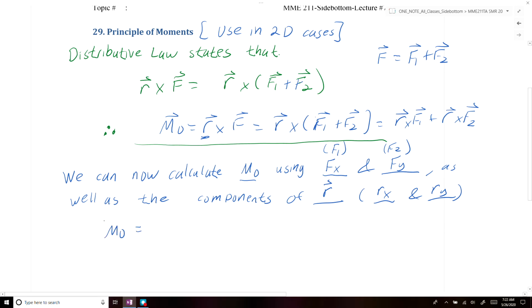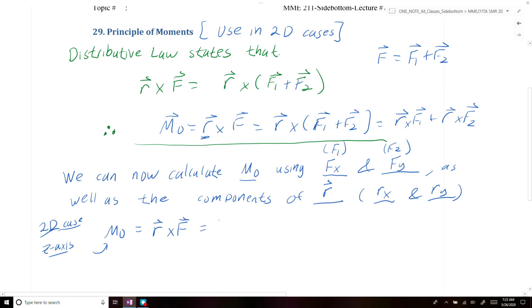We're only going to do this in the 2D case, so we only care about the moments due to forces in the xy plane, and the position vectors are also in the xy plane. So the only moments we create are about the z-axis. That's why this is a scalar number. We'll write this as r cross F.